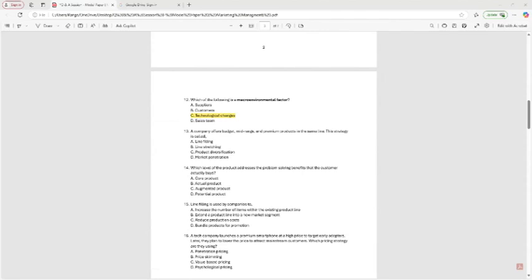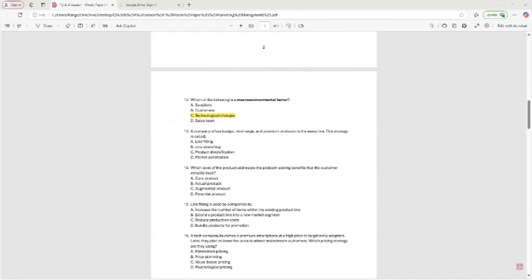So let's go to the product line length decisions. You can see the slide here. The company decides whether to lengthen the product line by adding more items, shorten the line by removing items, or maintain the current length. Two ways to lengthen a product line are stretching, upward, downward, or two-way stretching.